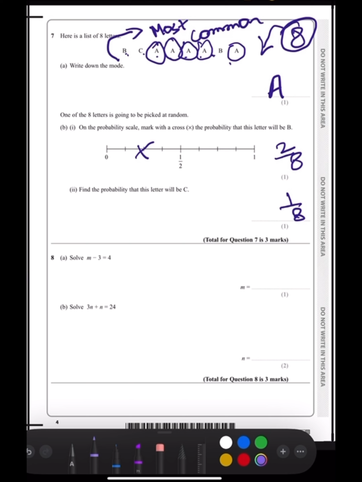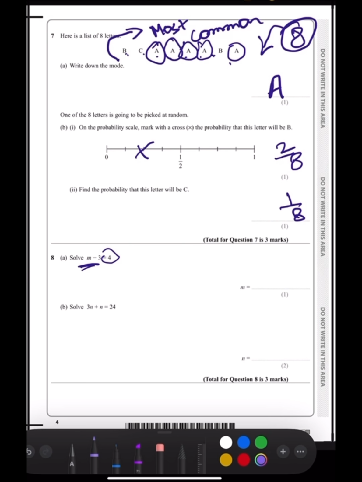Okay, so now when we look at question 8, part a says, solve m minus 3 is equal to 4. So this is simply finding m. We don't need 4 as a subject because we're finding m. We know there is a minus 3 next to m, so it is bothering m.